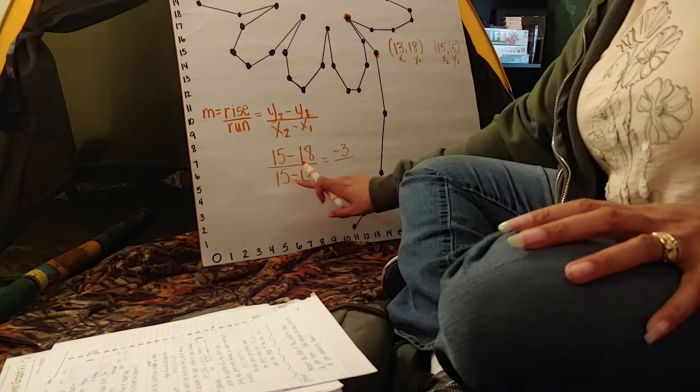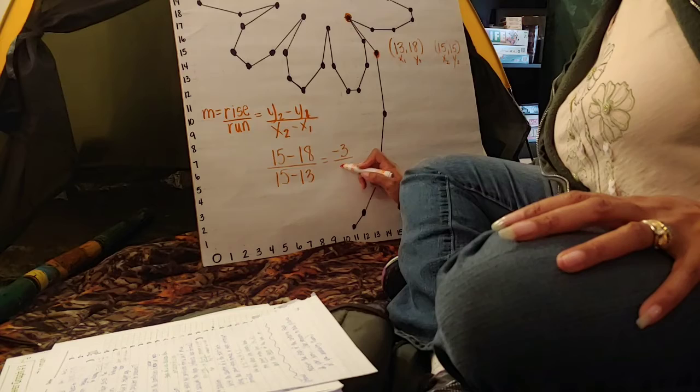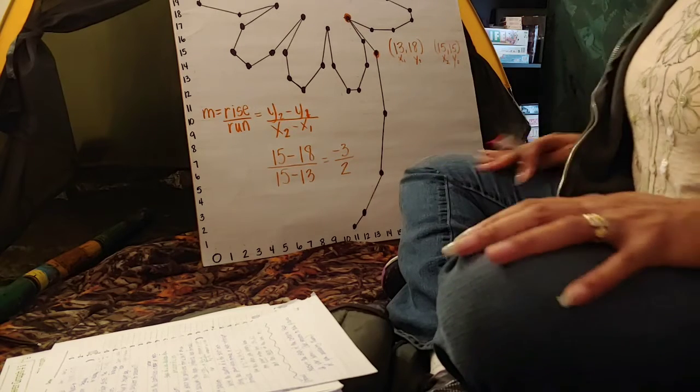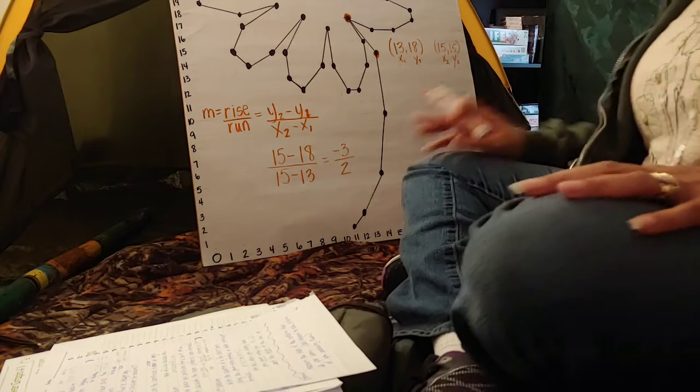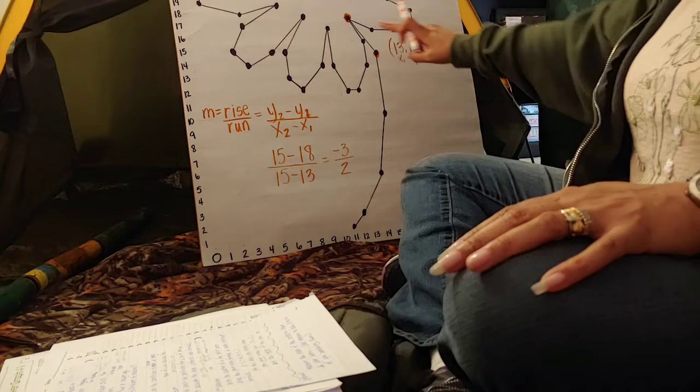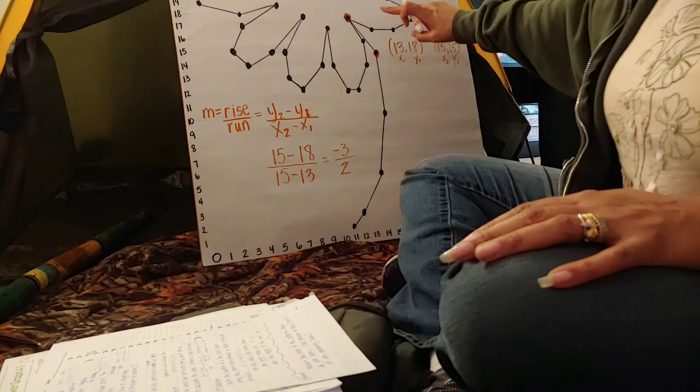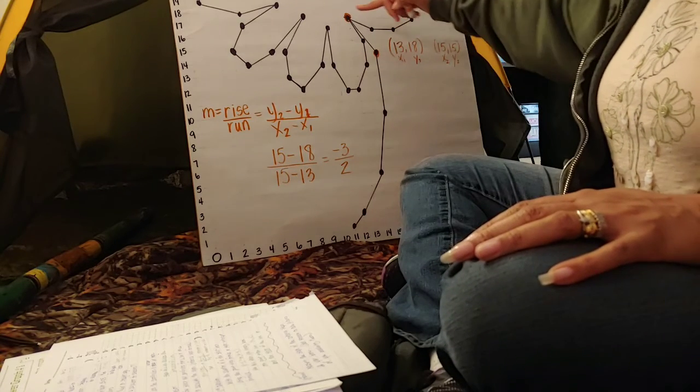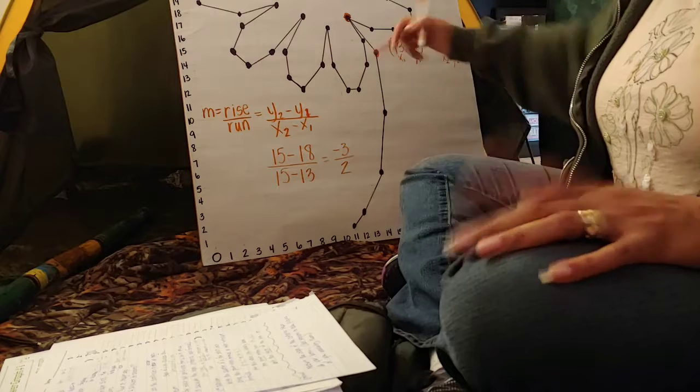And then it's going to be 15 minus 13, which is a positive number, which means that in order to complete the next point, you would need to go down 3 spaces and over 2.